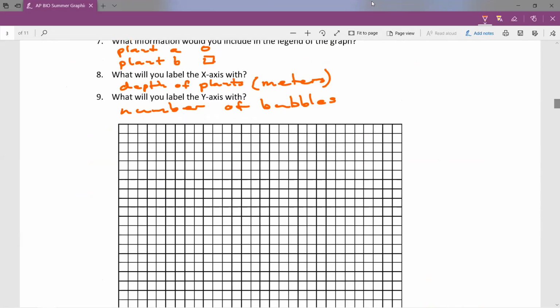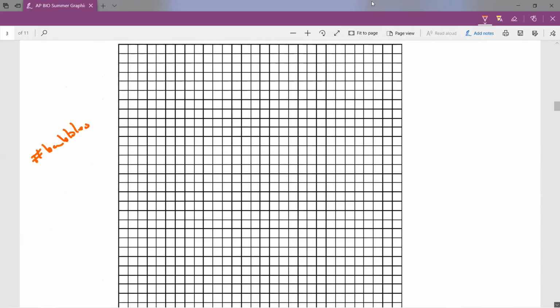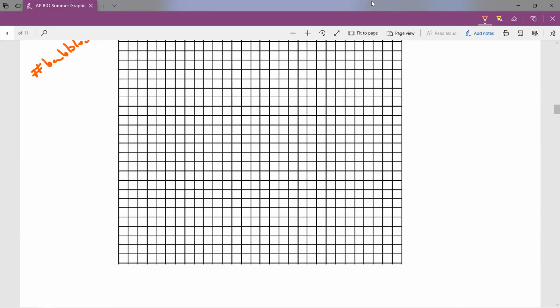So we say right here that on the y-axis, we need number, not hashtag, of bubbles. And on the x-axis, we need depth in meters.